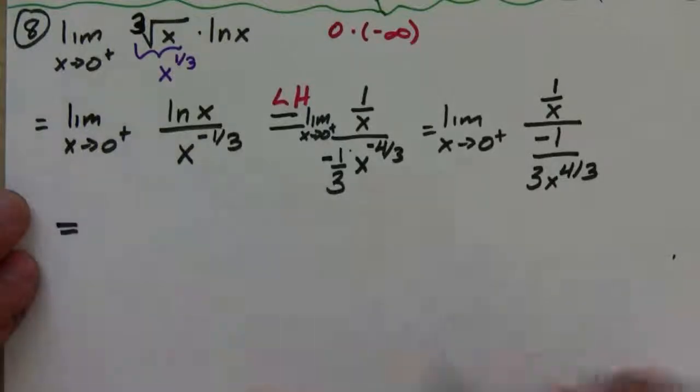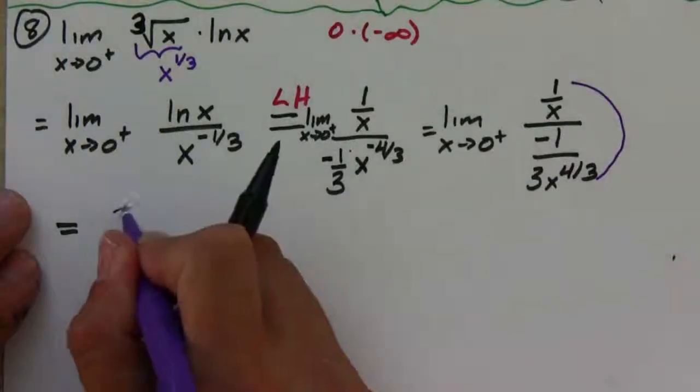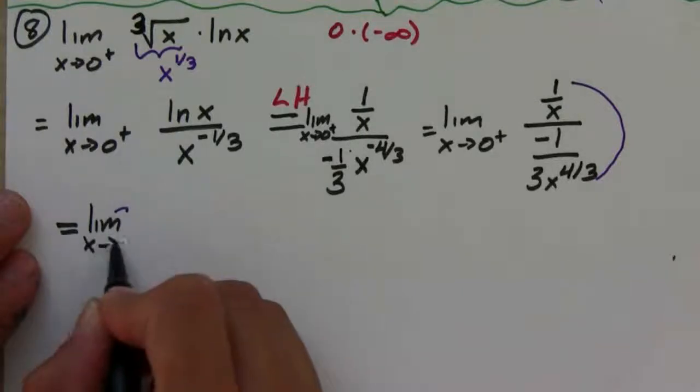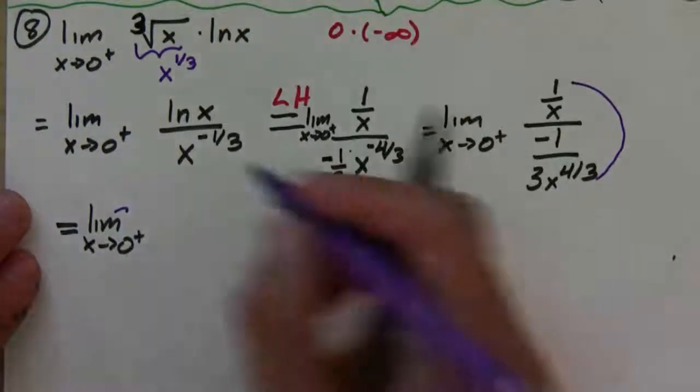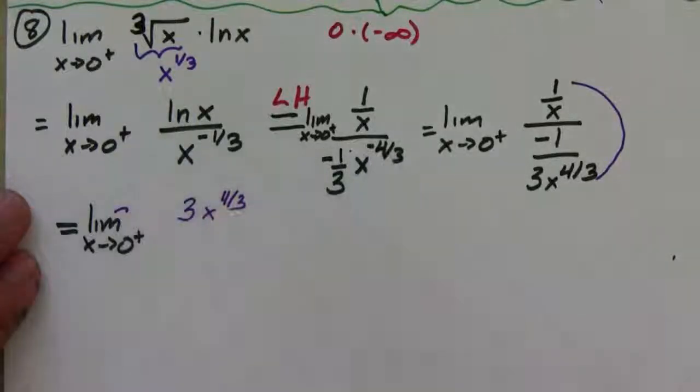Okay, and then if I do the tortilla, these guys go on top. Let me rewrite the limit again. Limit as x approaches 0 from the right. I have 3x to the 4/3 on top.